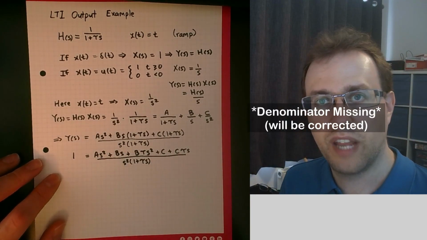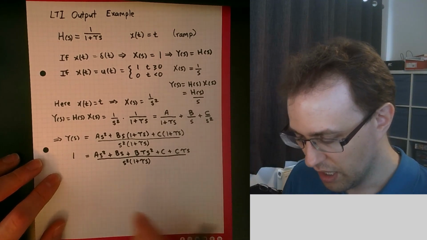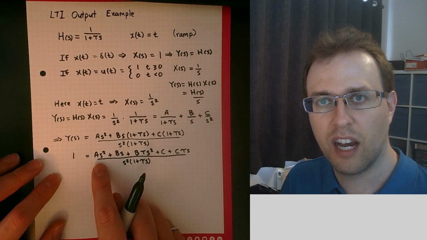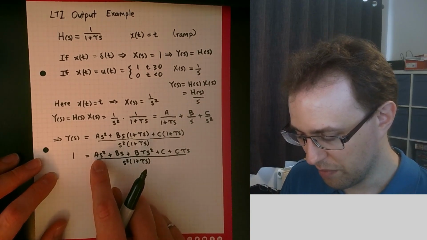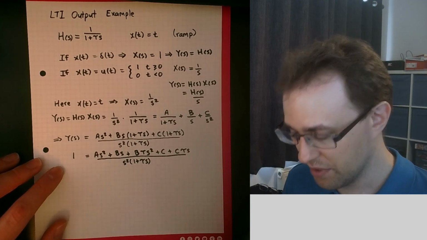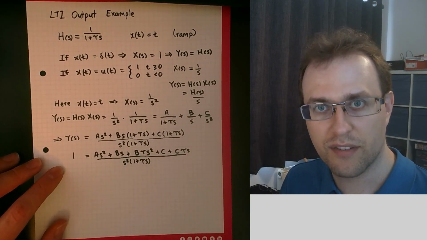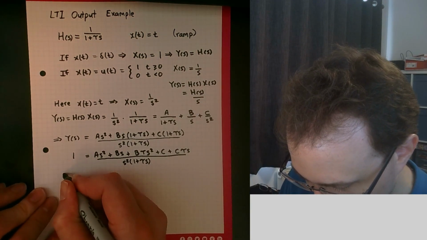So what we're able to do now is to write a system of equations where we can combine together the common powers of s, and then we'll be able to write equations to solve for a, b, and c. So we'll start with the constant terms, the terms of power s to the 0. On the left-hand side, for that case, we still have 1.